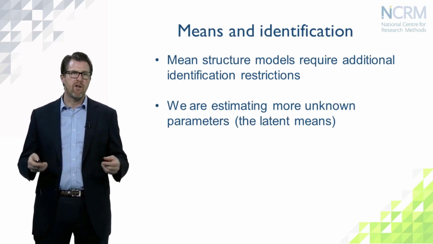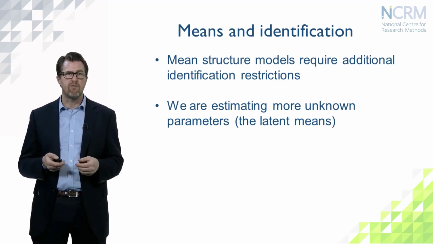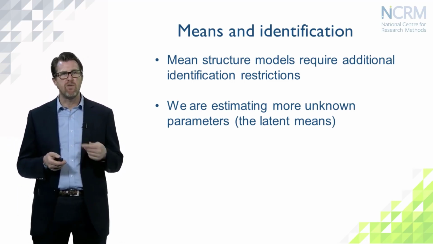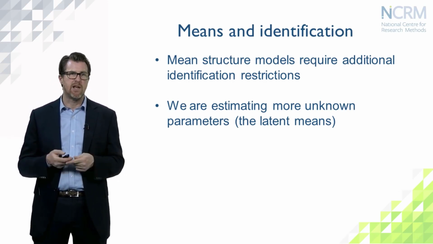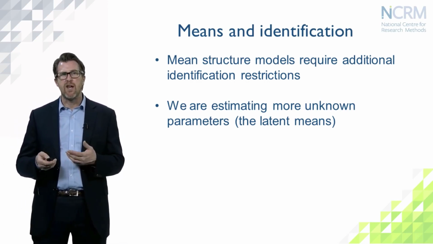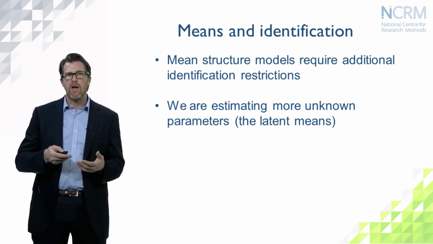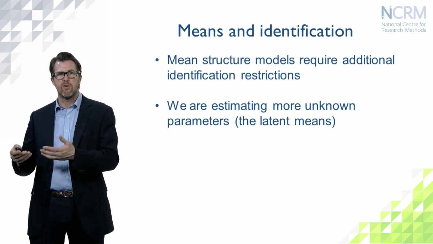Now, if we've added a mean structure in, then we will require some additional identification restrictions, because we're now trying to estimate more unknown parameters. That's the latent means. So there is a question then about how we estimate and compare one mean to another.